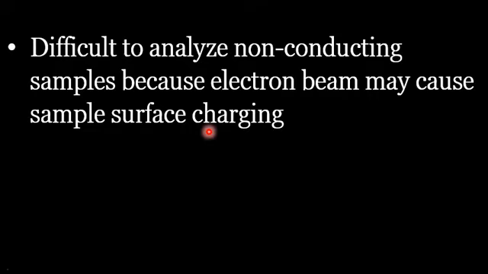That means when the electron beam falls on a non-conducting material, the surface will be charged, and the charges or electrons will stay at the surface of that material.